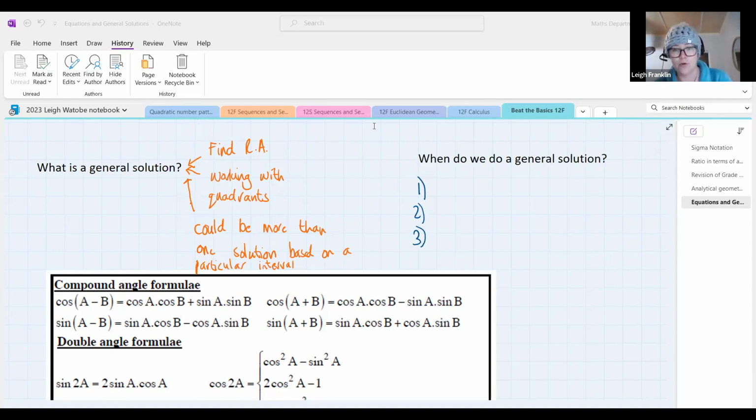Before we do that, though, how do you know when you are supposed to find a general solution? There are 3 conditions when we find general solutions. Does anybody know when that is?